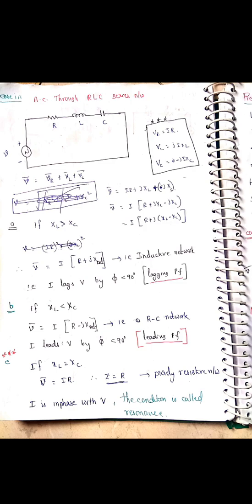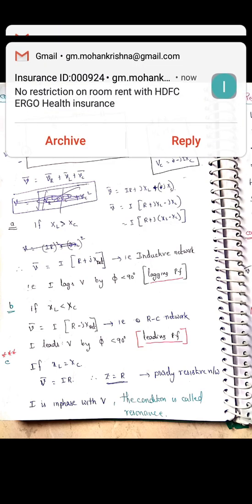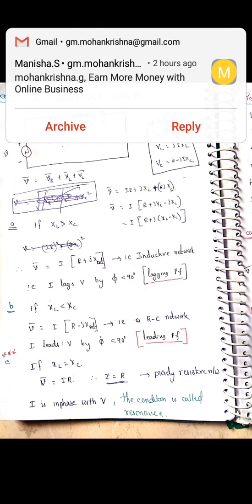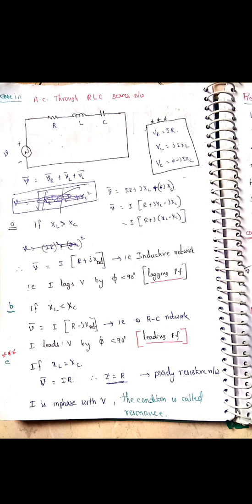Now we have to know the nature of the network. While defining the nature of the network, we'll see three cases. In the first case, assume XL is more than XC, that is, inductive reactance is more than capacitive reactance. Since the current flowing is the same, if XL magnitude is more than XC, the voltage across the inductor is more than the voltage across the capacitor.